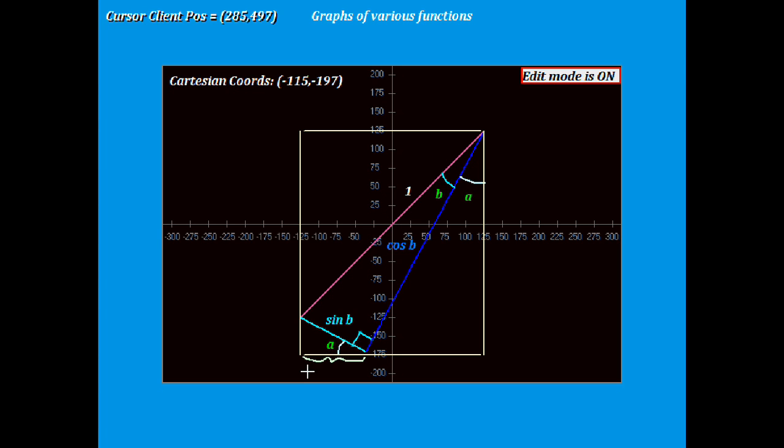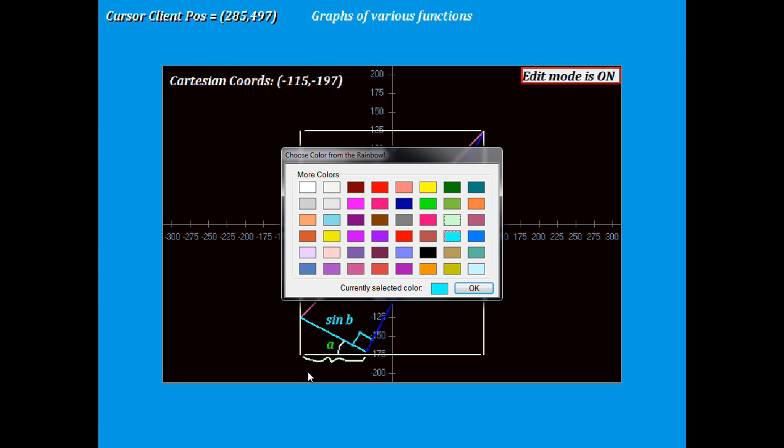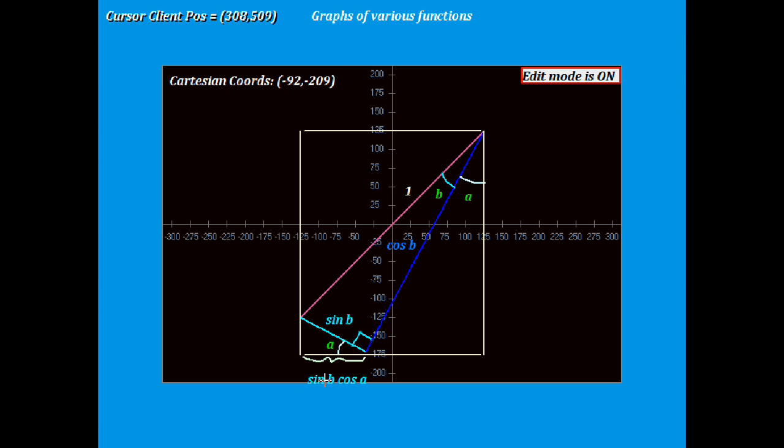You see how those splines are handy. So that's sine B times cos A. Turns out that has to be true because that's just a fact of life. And this here, this length, would be sine B sine A.